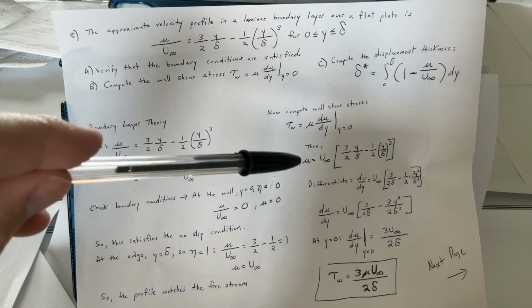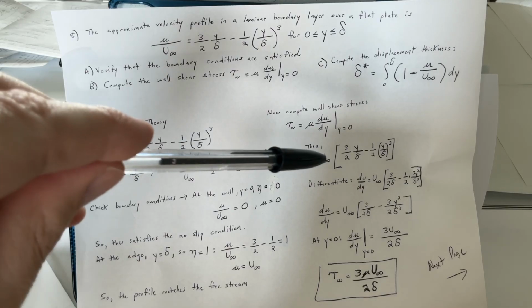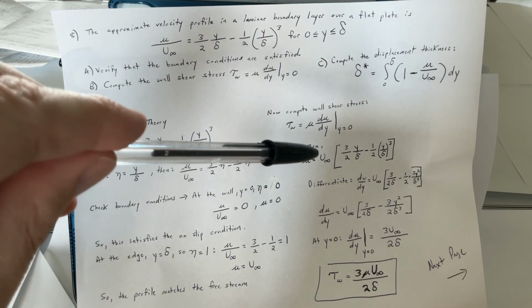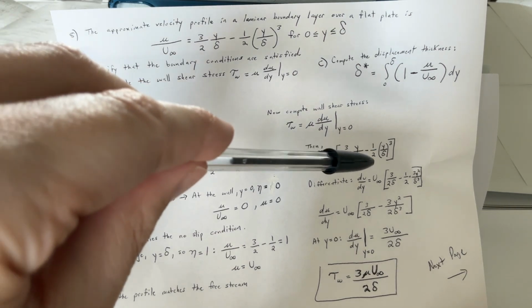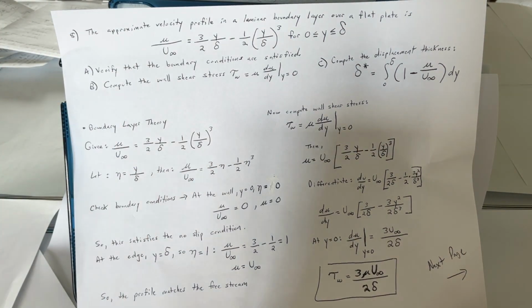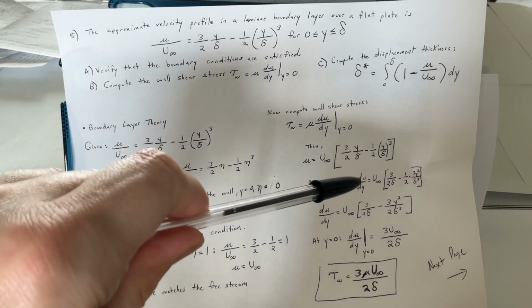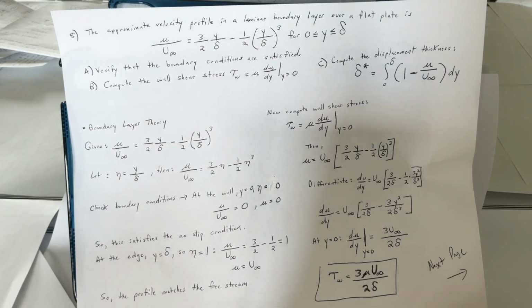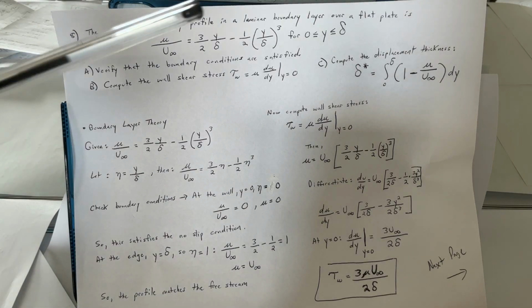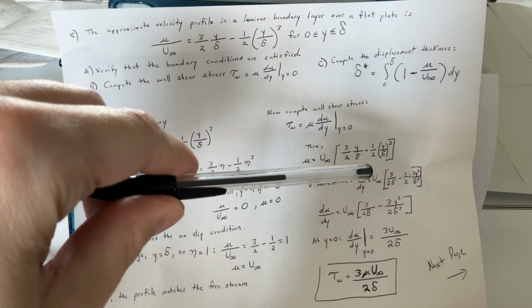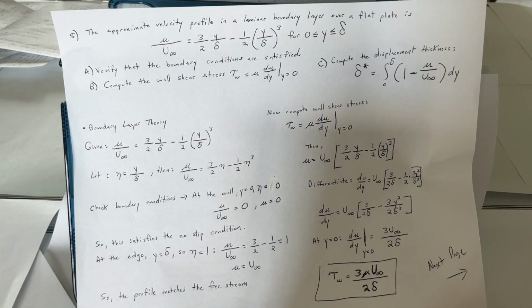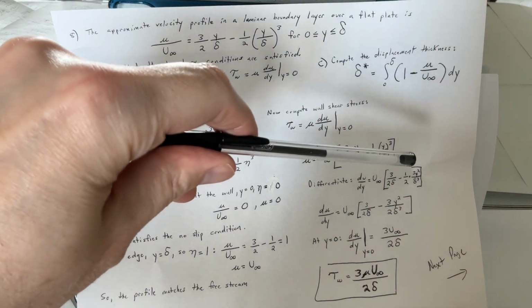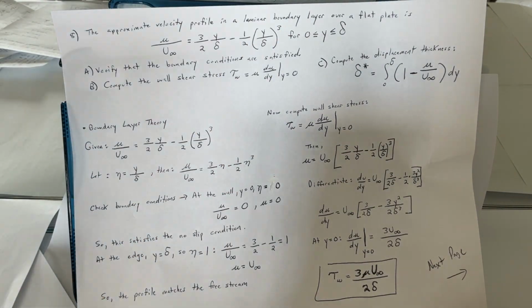So we're going to get mu equals u sub infinity times 3/2 times y over delta minus 1/2 times y over delta cubed. When we differentiate that u with respect to y, we get capital U sub infinity times the quantity 3 over 2 delta minus 1/2 times 3y squared over delta to the third.